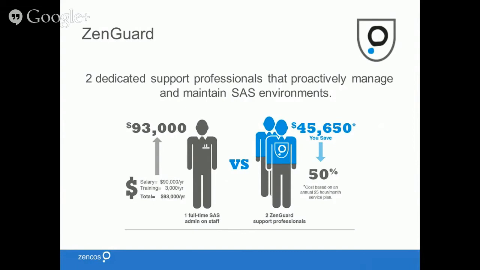And we do this on a plan of a set number of hours per month, and we usually tend to start in most cases at 25 hours a month. That seems to be a good place to begin with most environments.